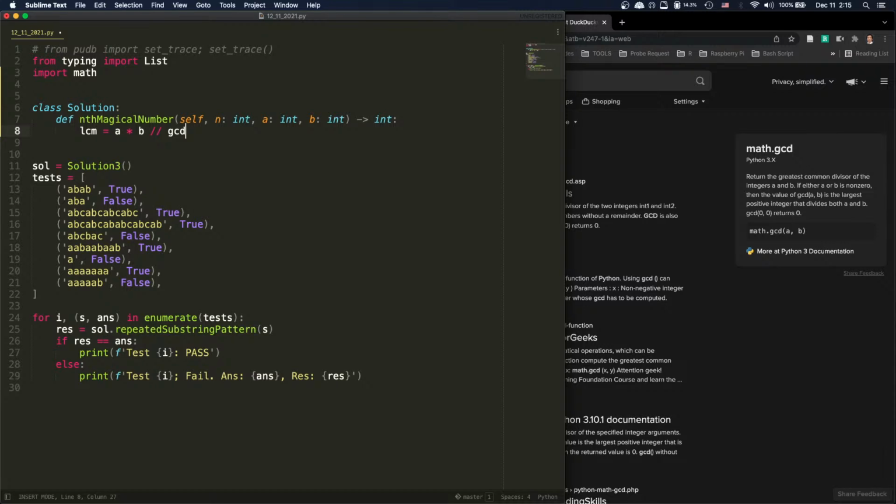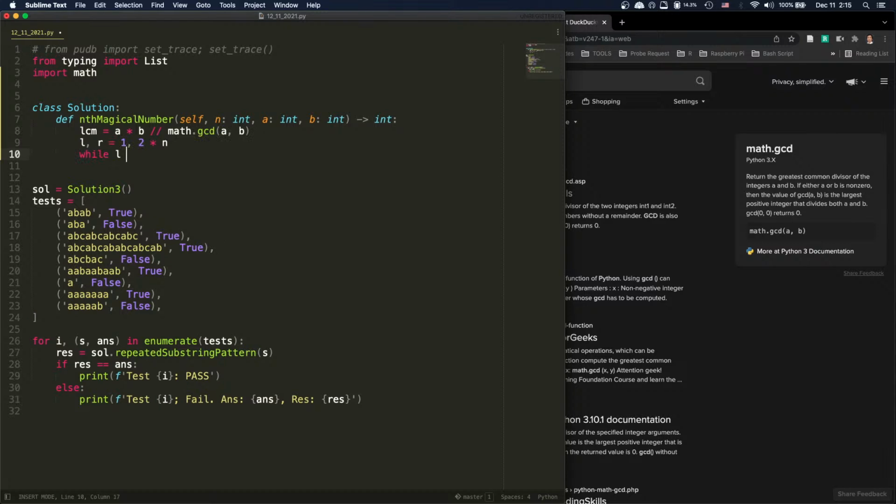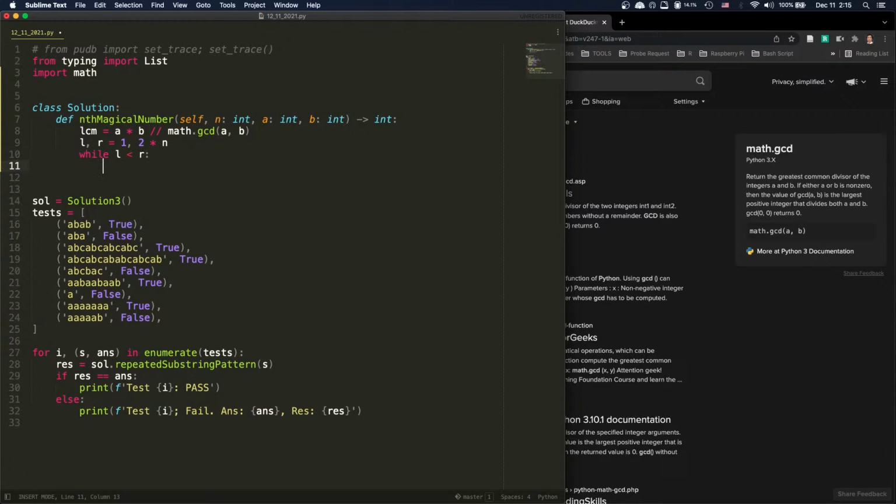And we say left, right equals 1 and 2 times n. Right, that's how I start. So while left is smaller than right, and then mid is left plus right divided by 2. That's all fine.